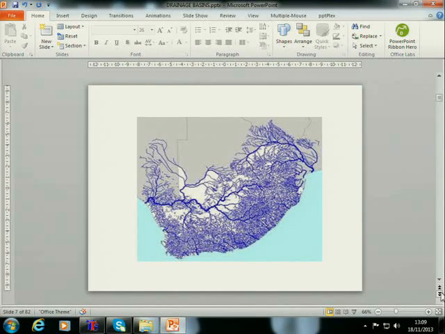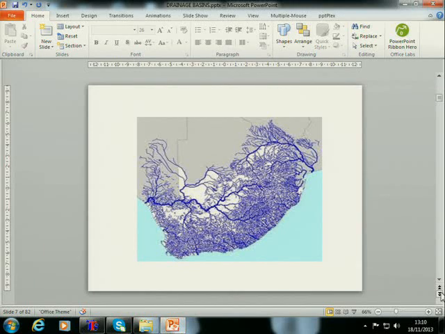Now in this picture, you will see to the eastern side or to the right-hand side of the escarpment, we get a lot of rivers. But to the left-hand side or to the western side, we get rivers, but not as many as we do on the eastern side.